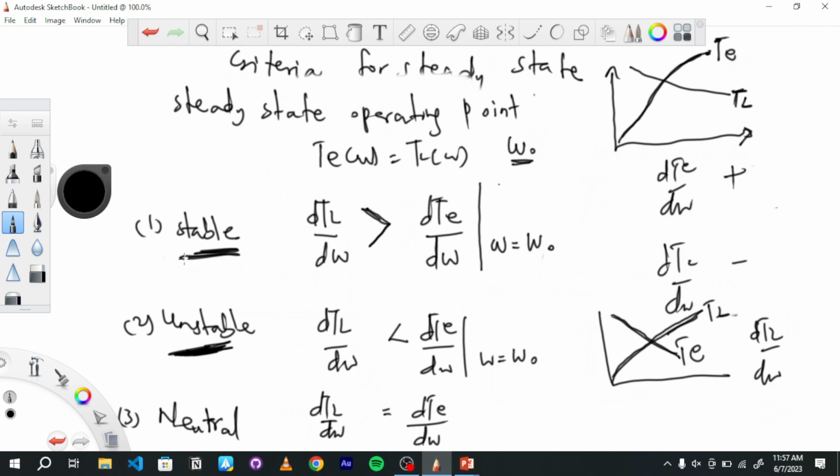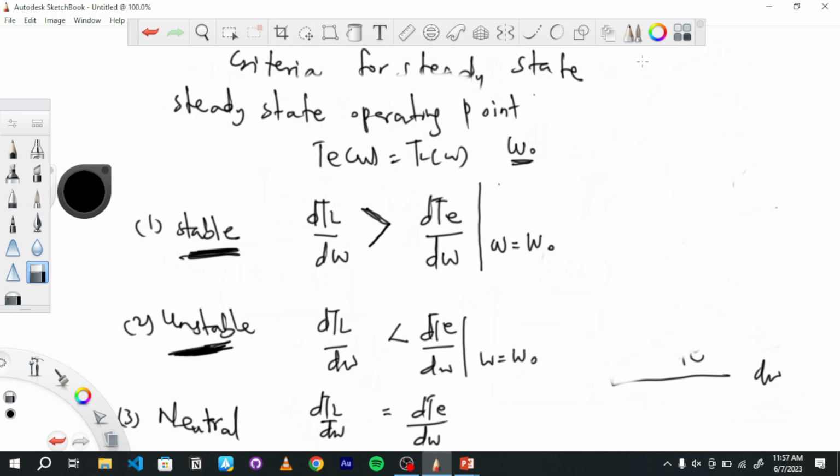Now for neutral stability, that one is a bit difficult to draw, but let me draw it. For neutral stability, the gradients at the point we are talking about look something like this. The first one is here, and the second one is something like this. They touch at more than one point.